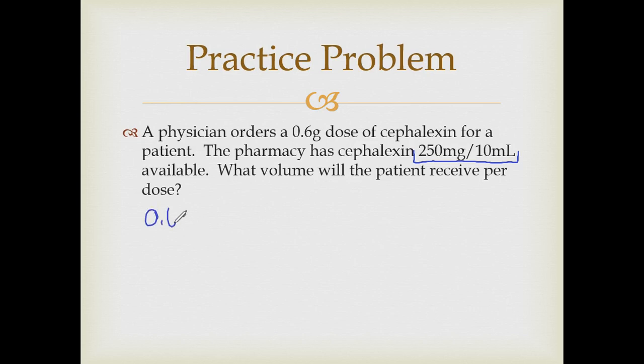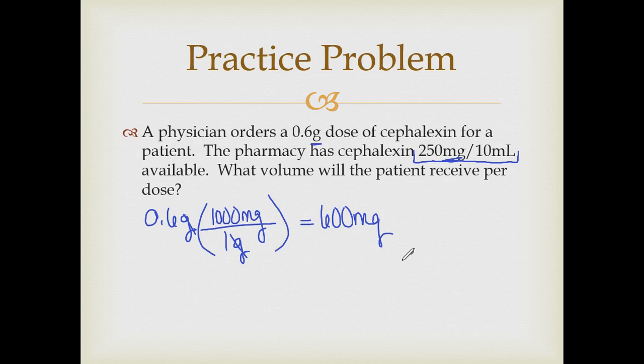The first thing I'm going to do is notice that these units don't match. So I'm going to go ahead and convert my grams to milligrams. So I have 1,000 milligrams for every 1 gram, so my grams will cancel. I have 0.6 times 1,000, which is 600 milligrams.